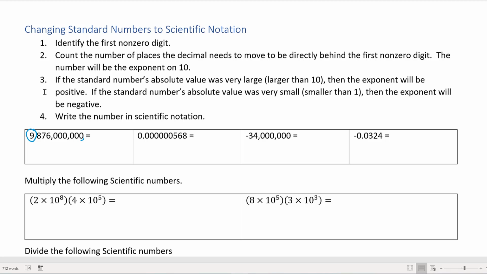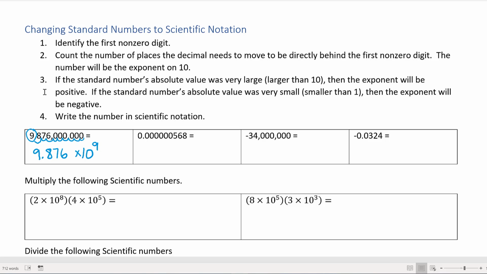So we count 1, 2, 3, 4, 5, 6, 7, 8, 9. So we have to move this 9 places. So we have 9, and we'll move the decimal there, 9.876 times 10. We moved it over 9 places, so the exponent is going to be 9.